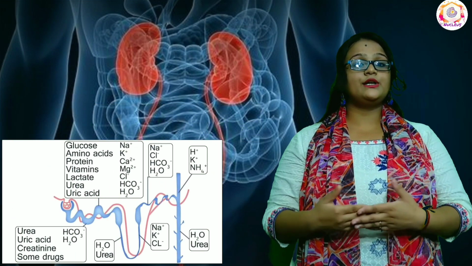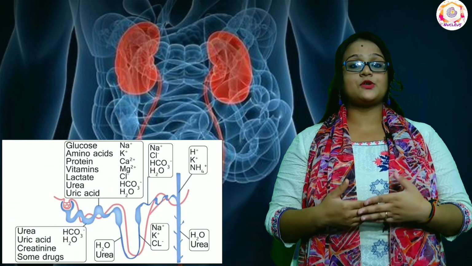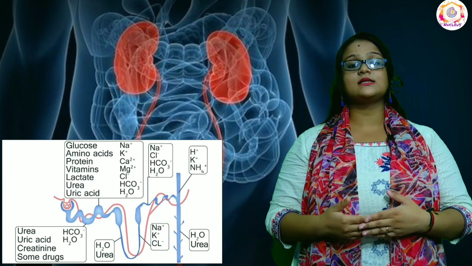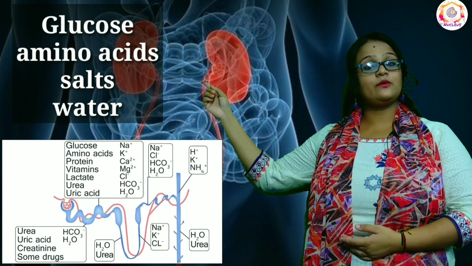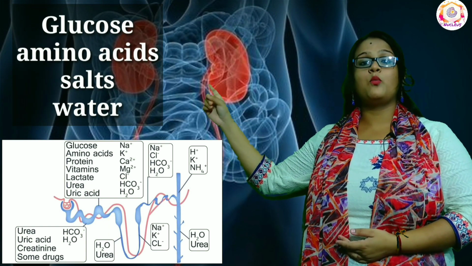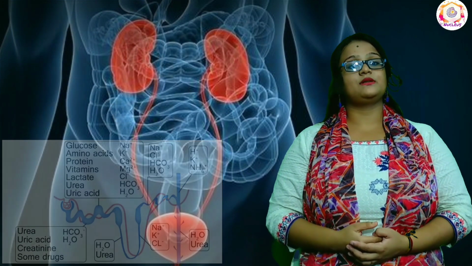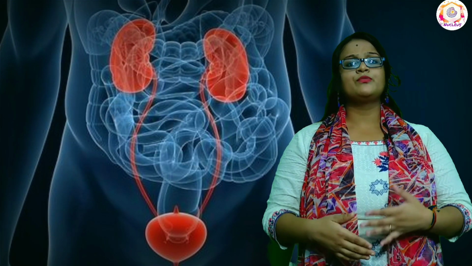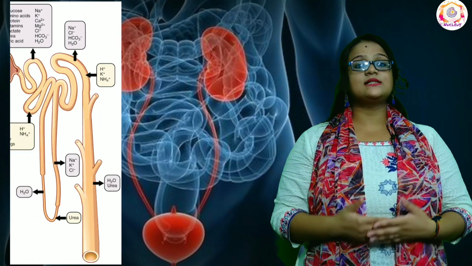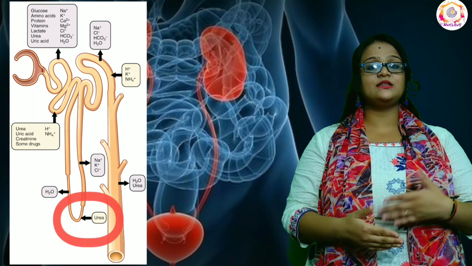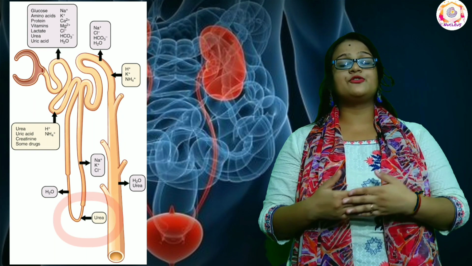The tubules of the nephron allow the selective reabsorption of the useful substances like glucose, amino acids, salts, water into the blood capillaries. Now, what happens to the waste materials? Let us see that.